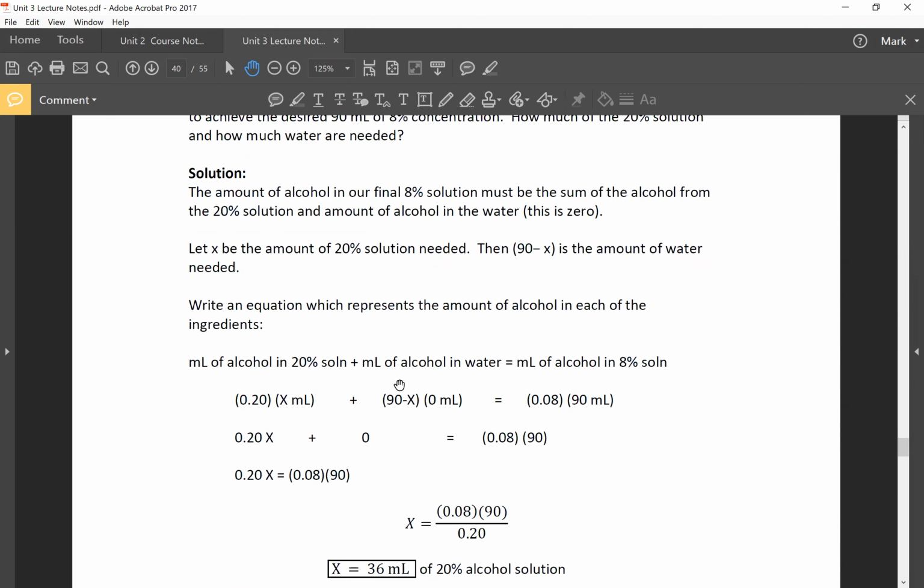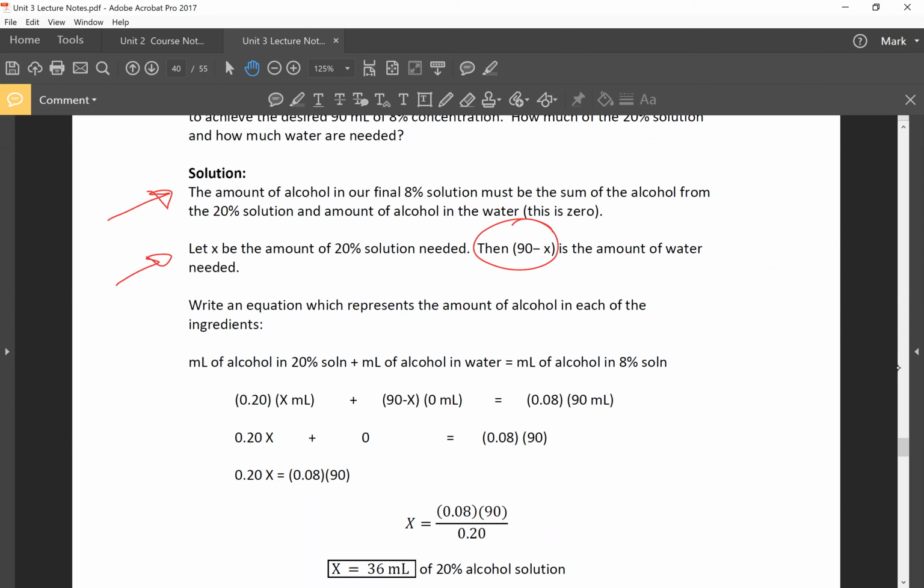The amount of alcohol in our final 8% solution must be the sum of the alcohol from the 20% solution and the amount of alcohol in the water, which is 0, of course. We're just adding water, so there's no alcohol in that. So we're going to let X be the amount of 20% solution needed, and 90 minus X is the amount of water needed.